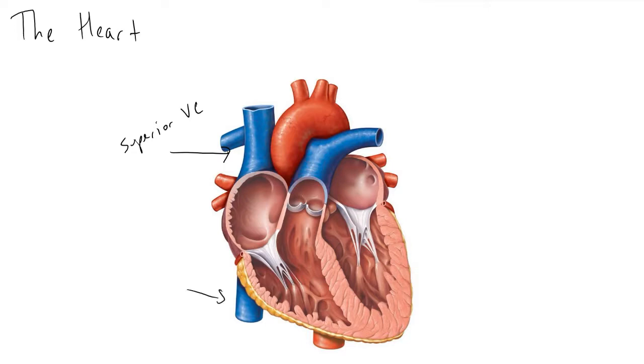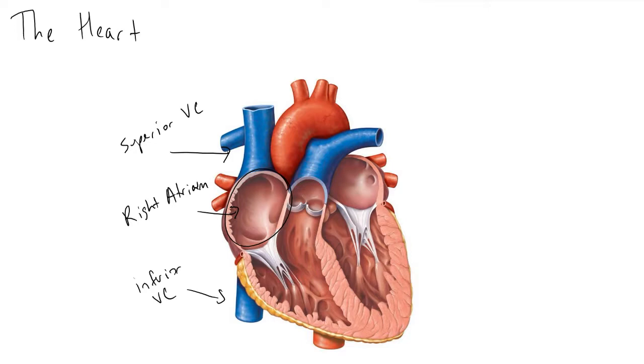And we're also going to have the inferior vena cava, and its job is to collect all of the blood coming up from the lower half of the body. And the two vena cava will dump all of their deoxygenated blood into the receiving area called the right atrium.